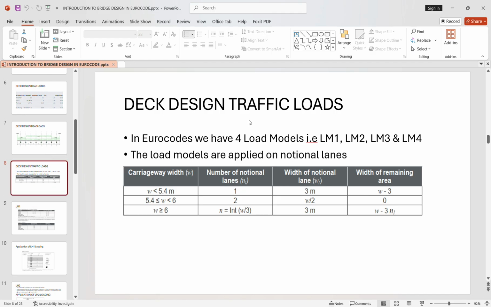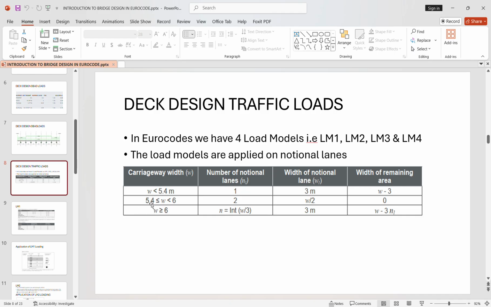So next we shall go to the design traffic loads. So in Eurocode we have 4 load models, that is load model 1, load model 2, 3 and 4. The load models are applied on notional lanes. So for a carriageway width of less than 5.4 meters, we shall assume one notional lane with a width of 3 meters, and the width of the remaining area shall be the width of the carriageway subtract the width of the notional lane.